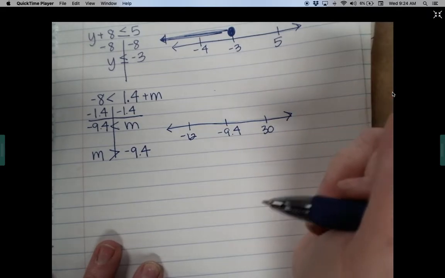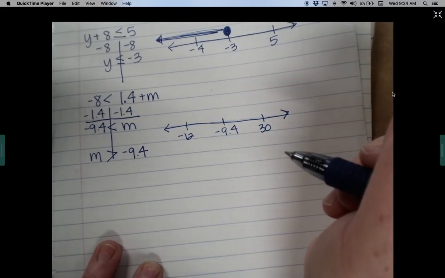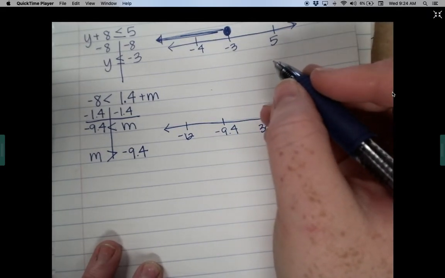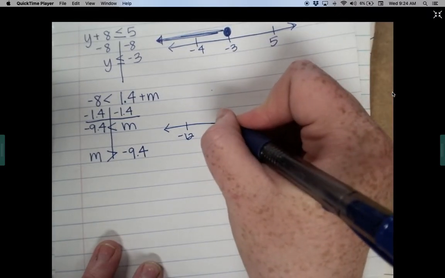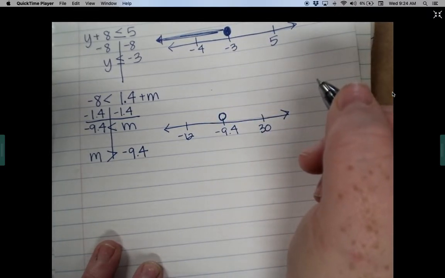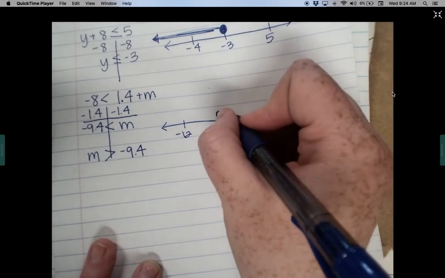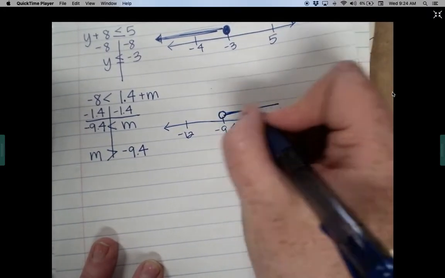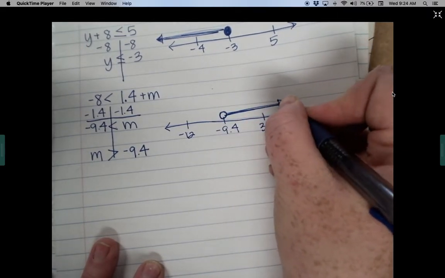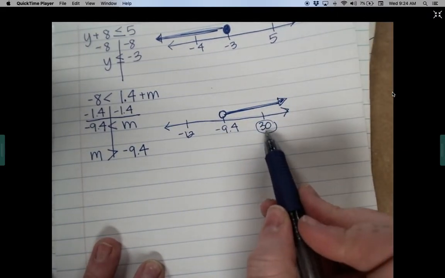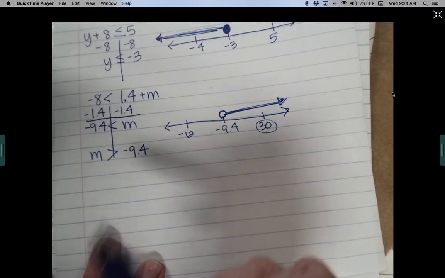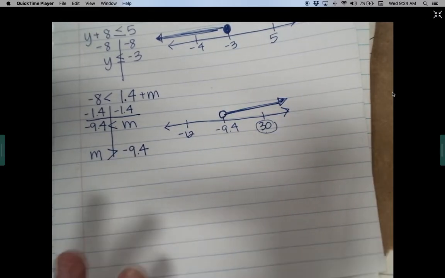So, is your circle closed or open? Open, because it's not or equal to. And which direction am I going to shade? Right. If I said in a sentence, I used this number, and I said 30 is greater than negative 9.4, is that true? Okay.